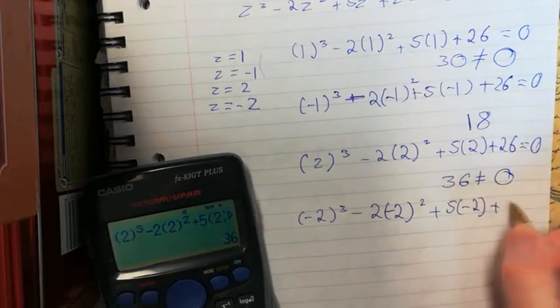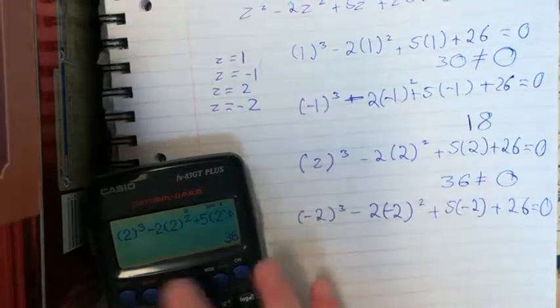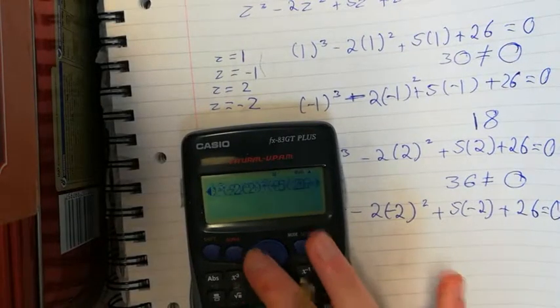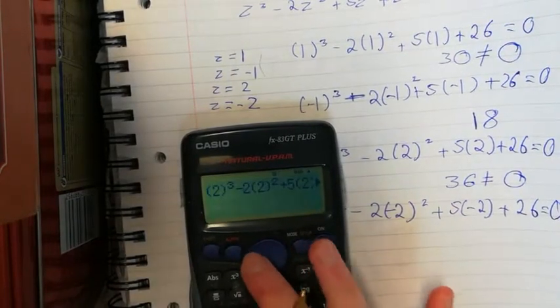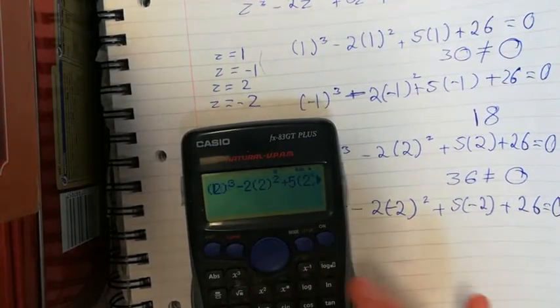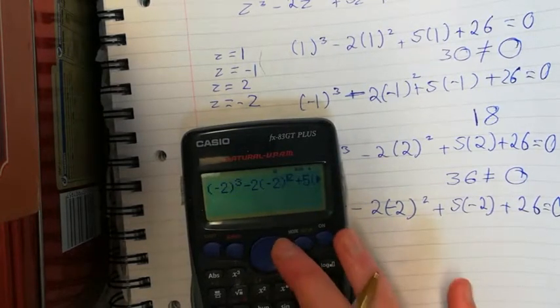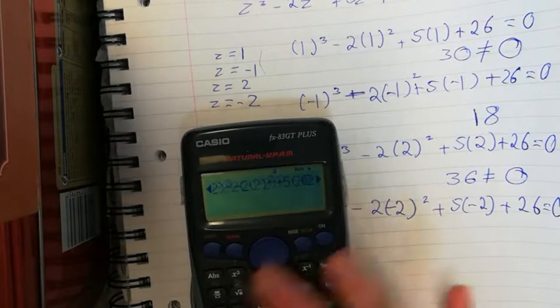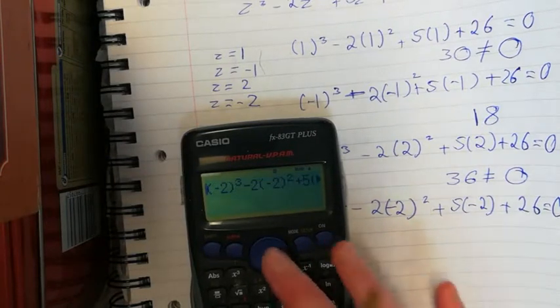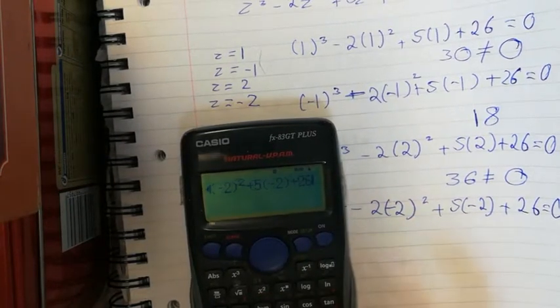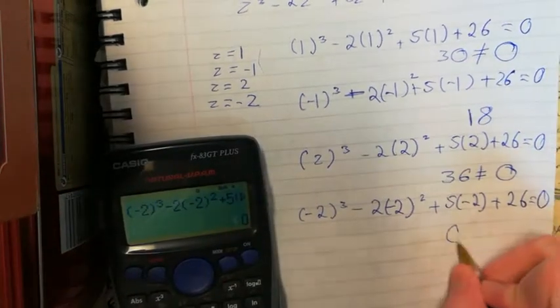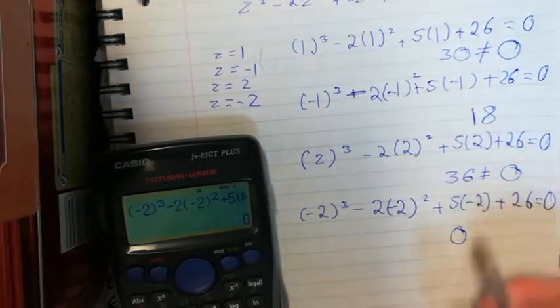So let's see if this works. Everywhere I had a 2, I'm going to plug in a minus 2. So minus 2 will go here, and minus 2, and minus 2. So there we go. When we plug in minus 2, we get an answer of 0.